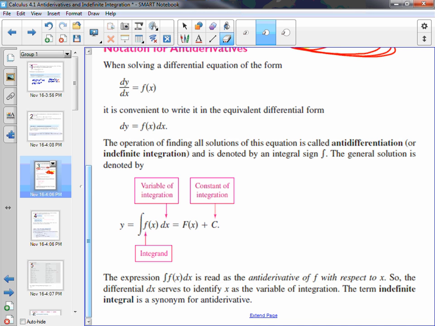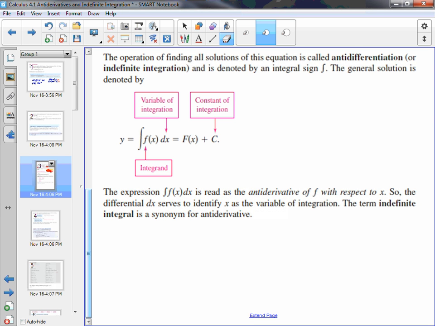All right. So the general solution is denoted this way. This means, that's called an integral sign. It means find the antiderivative. No, I said the, didn't I? Find an antiderivative. Okay?